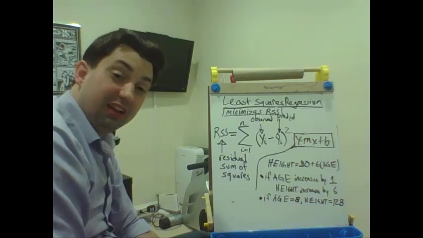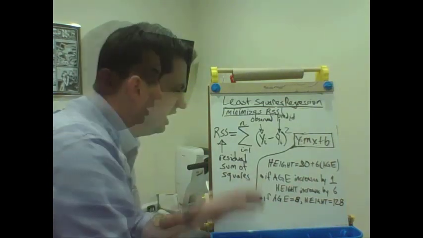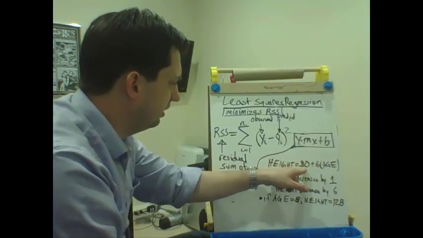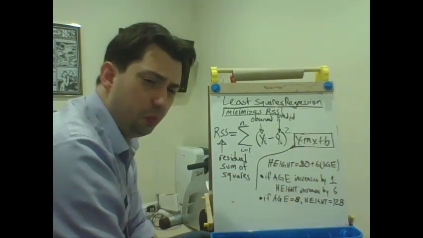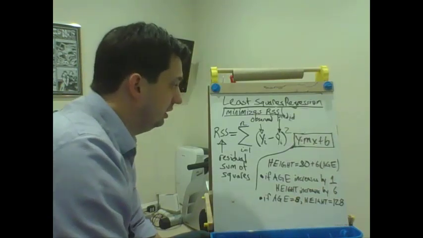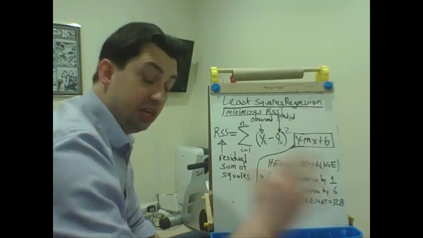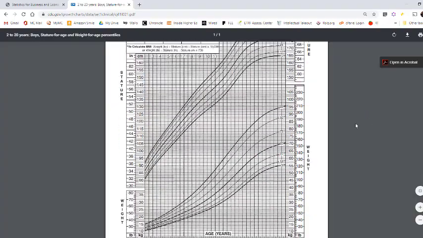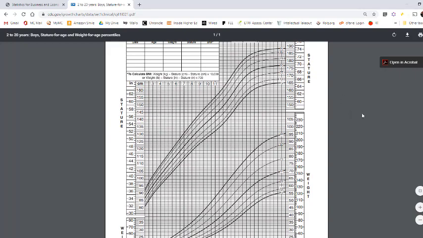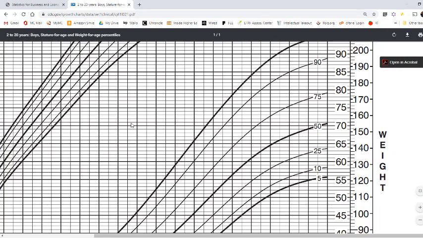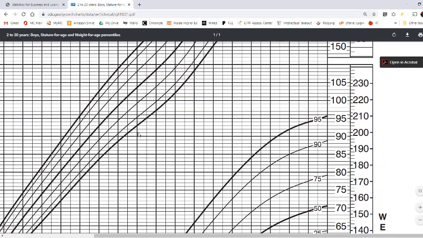Now, granted, there's going to be some complexity to this. We'll talk a little bit later. According to this, if the age is 0, the kid is 80 centimeters tall, which is a really big newborn. So there's some non-linearity that kind of throws it off. In practice, when you look at the growth curve, this is the CDC growth curve that I was basing this off of. It is not a straight line.